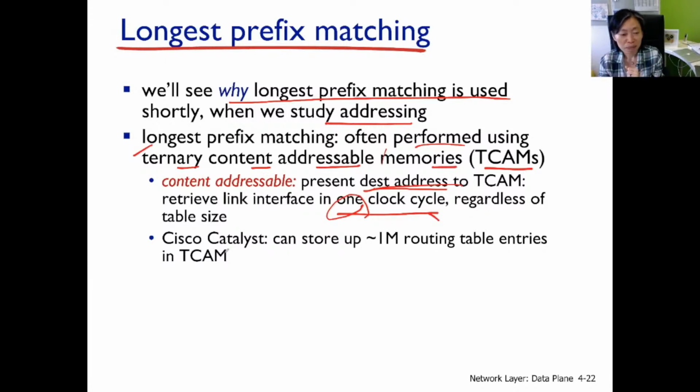Now, as you can imagine, TCAM is very expensive. The Cisco Catalyst series allows us to store 1 million of these prefix entries. So, very expensive router. By the way, Cisco is one of the biggest router manufacturers. There are also a number of router manufacturers in Taiwan, like D-Link and Asus. But the routers manufactured in Taiwan are usually lower cost, good enough for maybe home use, access point use, or enterprise use.